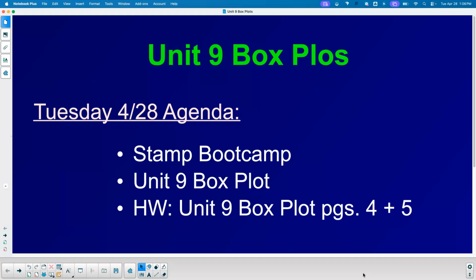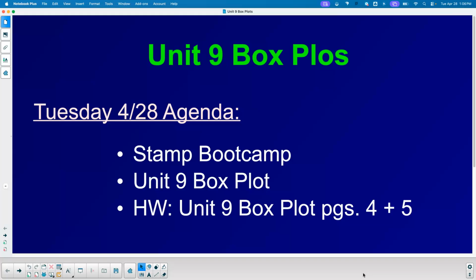Okay? We tweaked the schedule just a little bit today. We had today and tomorrow flipped around originally. But that's fine. Gives us a little more time to work on box plots.